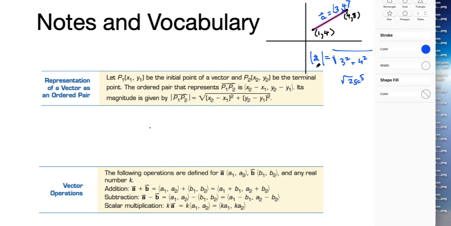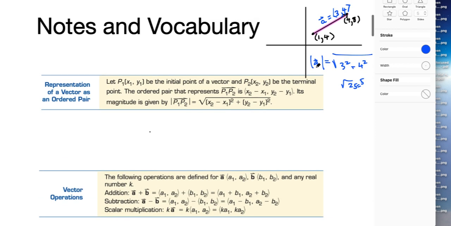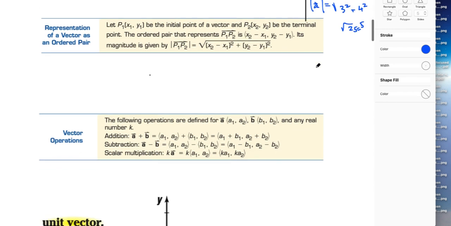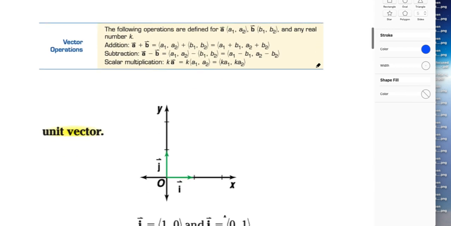So that's the power we get, and being able to translate vectors into this ordered pair gives us the power to do some cool vector operations. Let's say vector A was referenced by the ordered pair a sub 1, a sub 2, and vector B was referenced by b sub 1, b sub 2. Then there's some real number k.